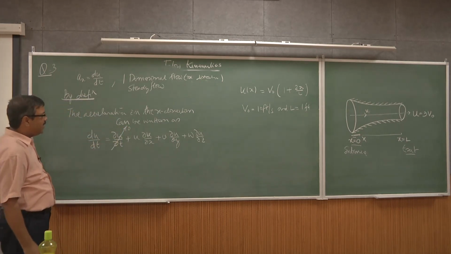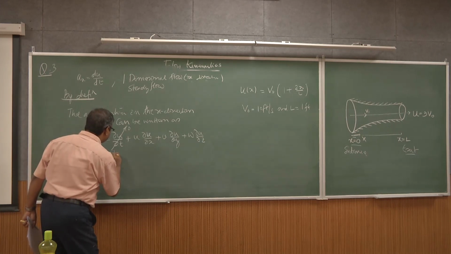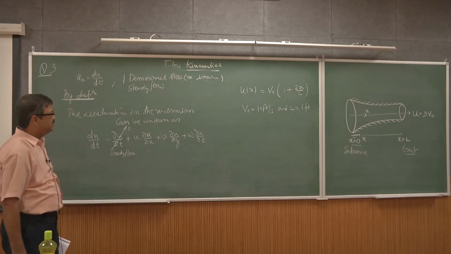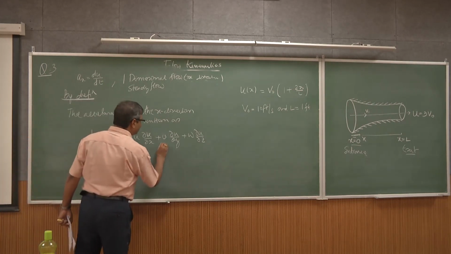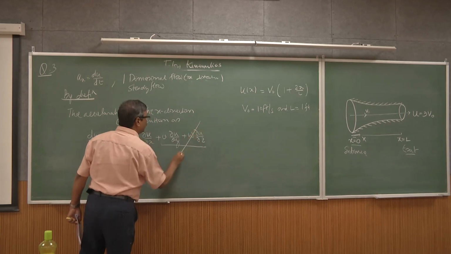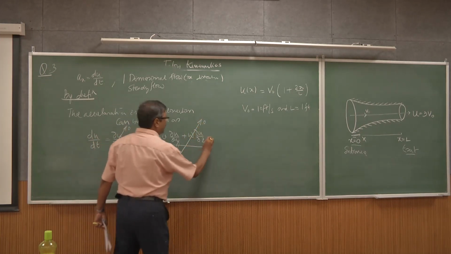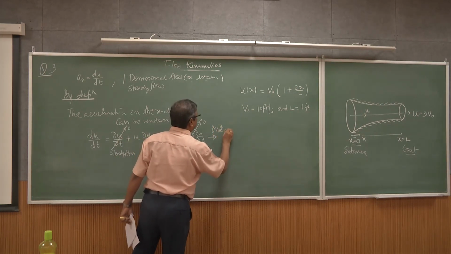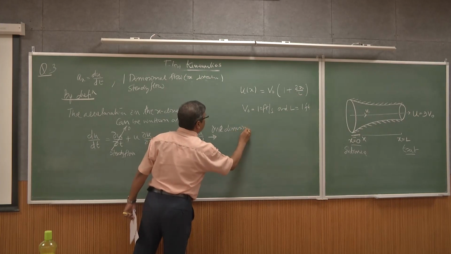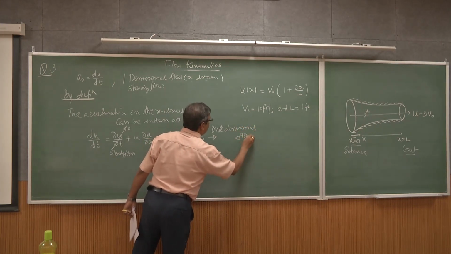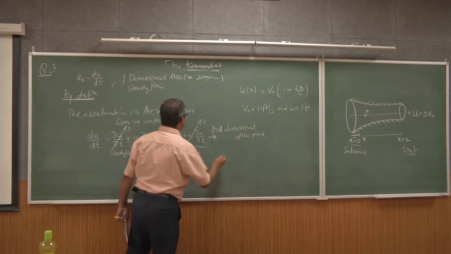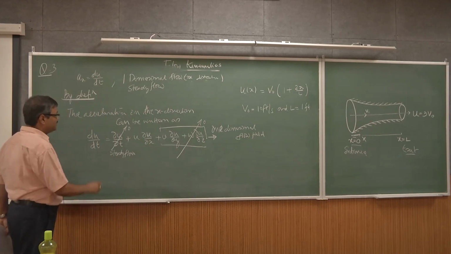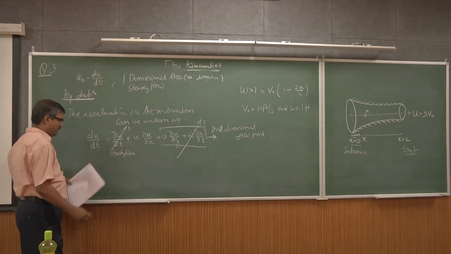And since it is a one-dimensional flow, these other components also become 0, as it is a one-dimensional flow field. So it is quite easy; we only have to compute this part.